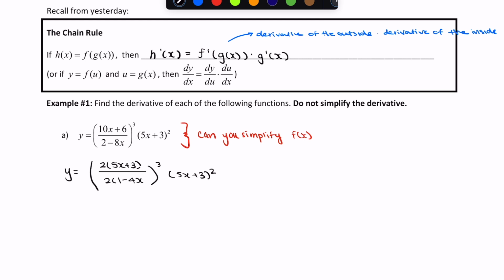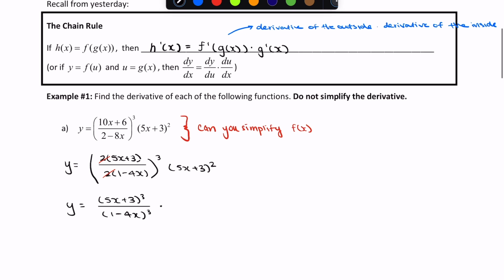Here, 2 will cancel out, and we'll be left with y is equal to 5x plus 3 cubed over 1 minus 4x cubed. And that's all multiplied by 5x plus 3 squared over 1.